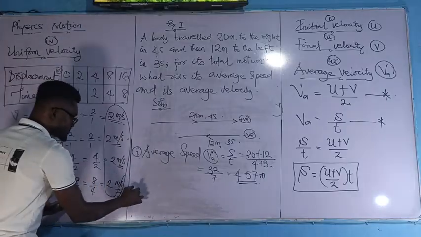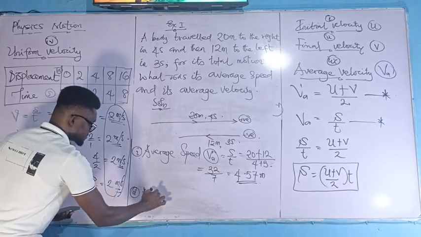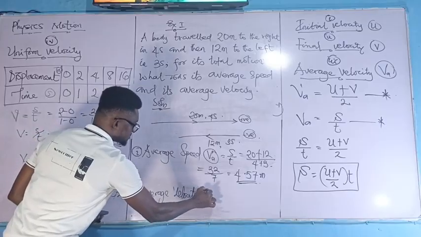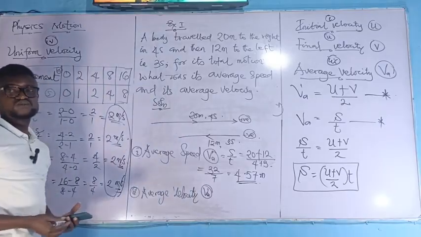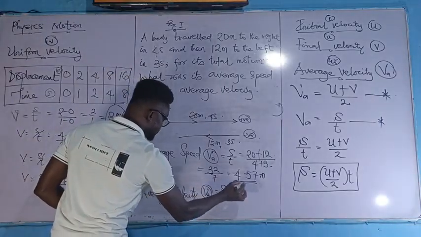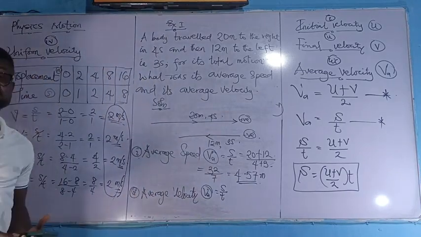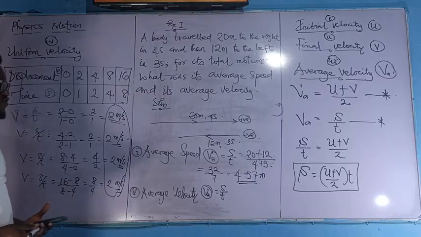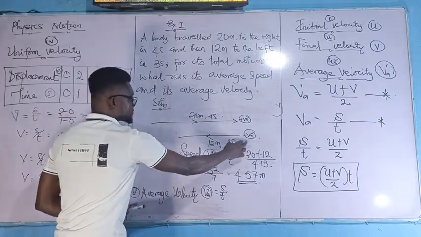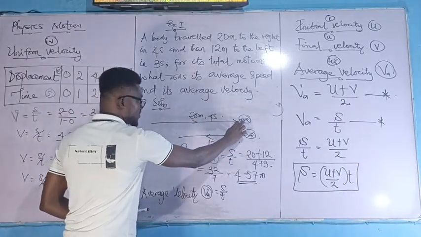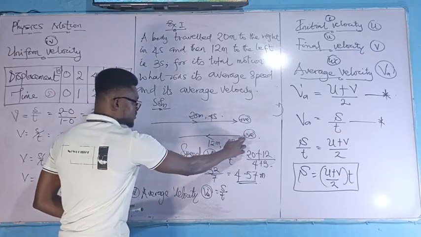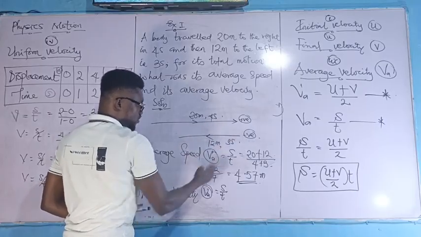But coming to average velocity, here we are interested in the direction. So we have to work with total displacement all over total time. And for the displacement, we now have to consider the direction. For 20, the direction of displacement is plus 20, while for 12 it is minus 12.